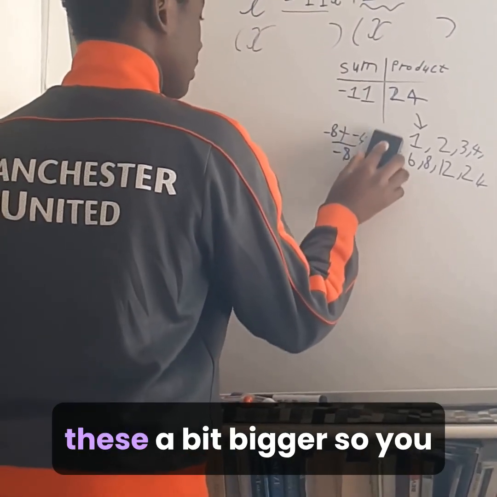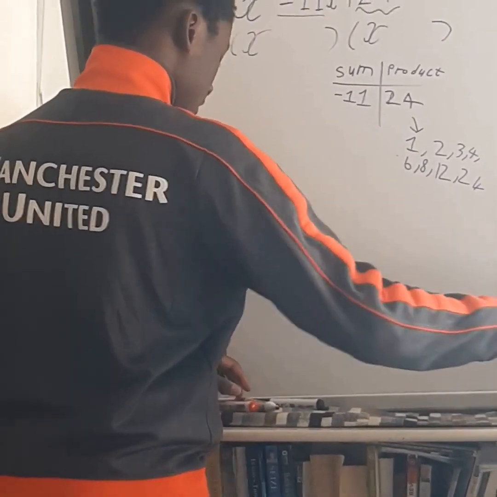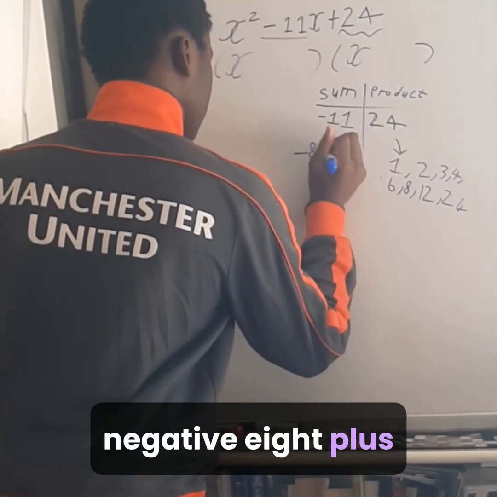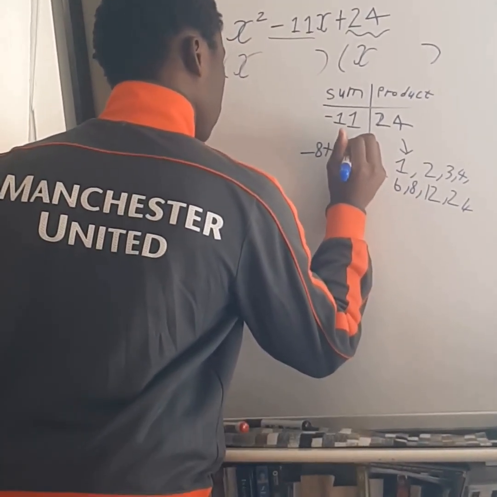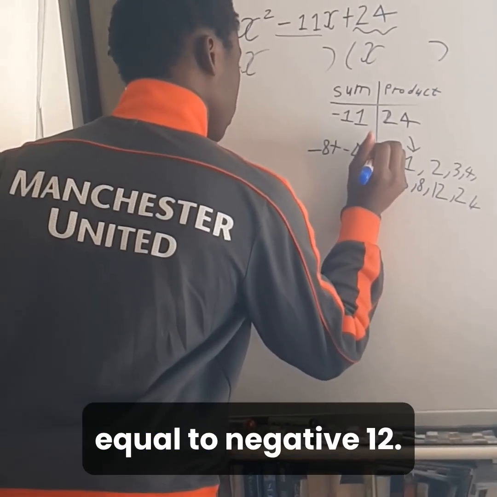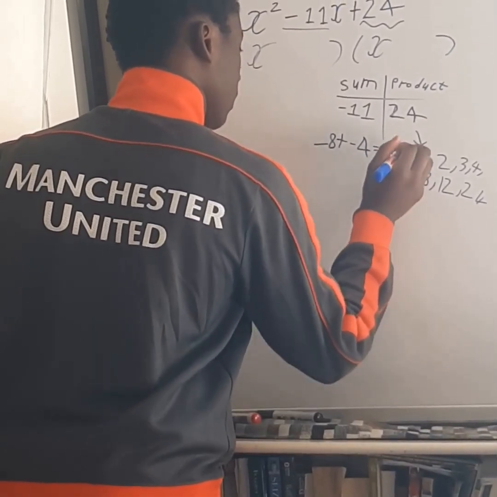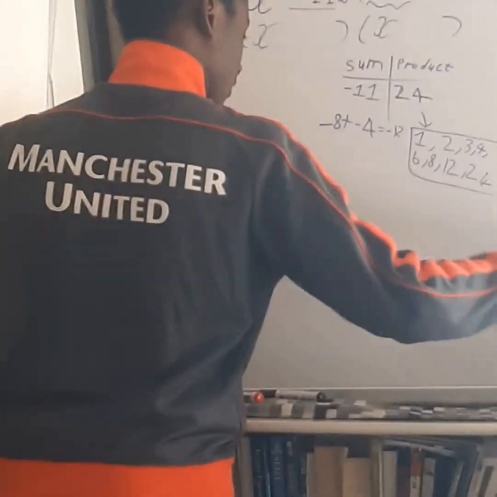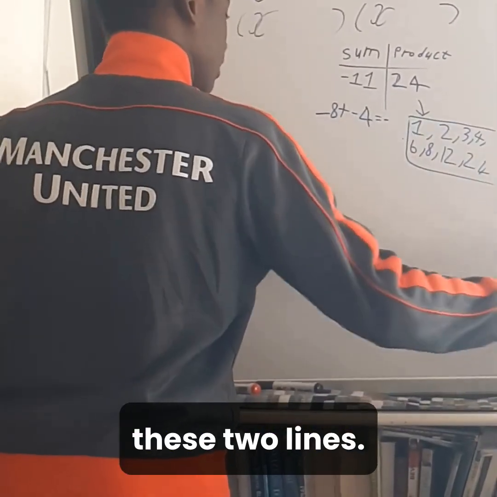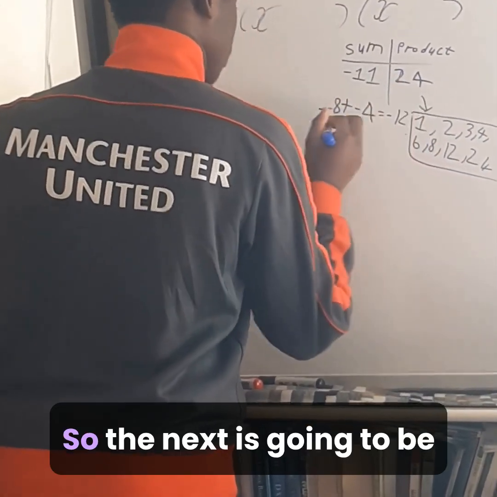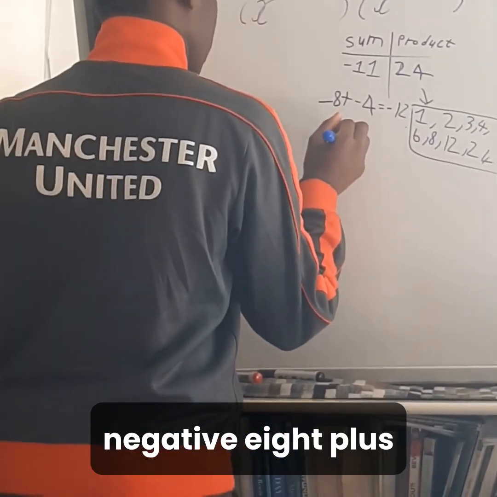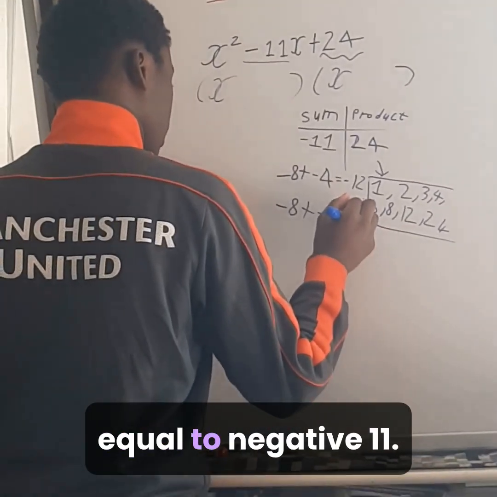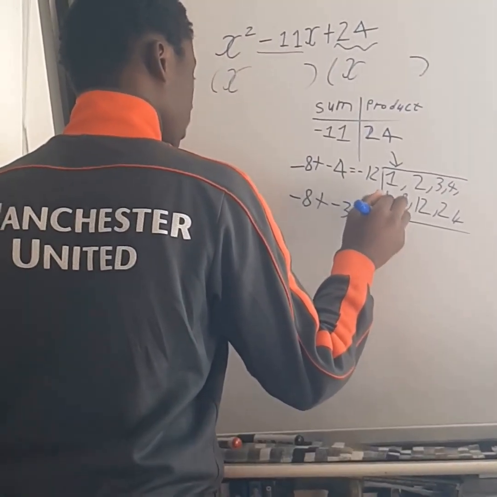I think I'm going to write these a bit bigger so you can see. So the first one I wrote, negative 8 plus negative 4, equal to negative 12. So the next is going to be negative 8 plus negative 3, which is equal to negative 11.